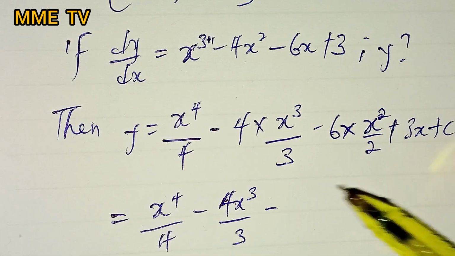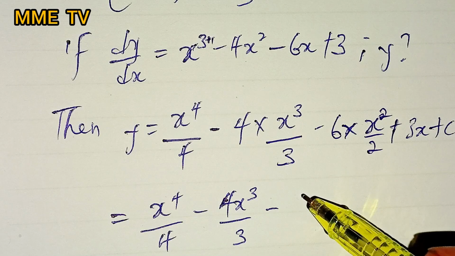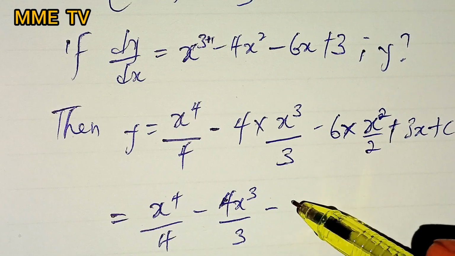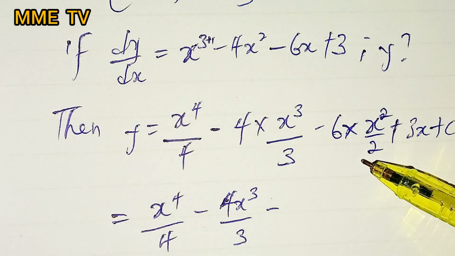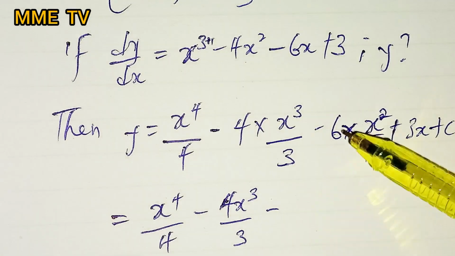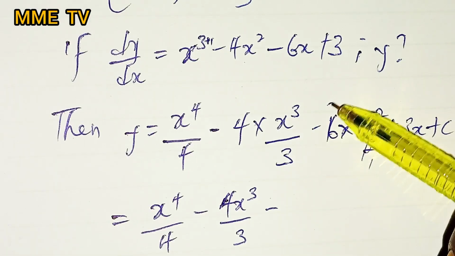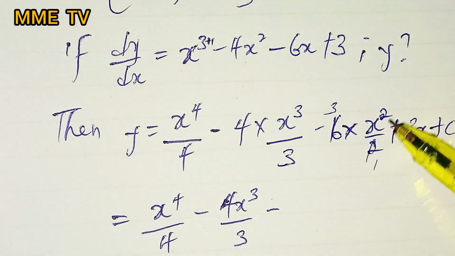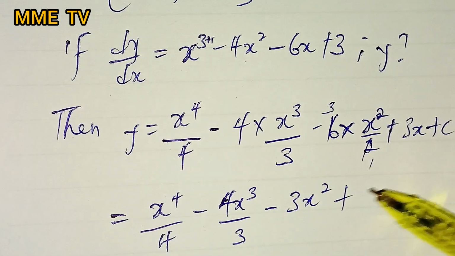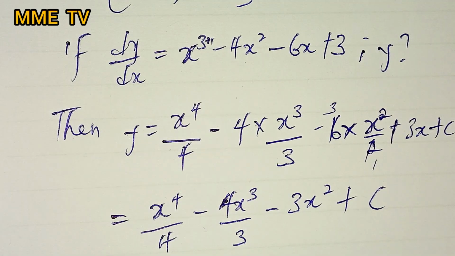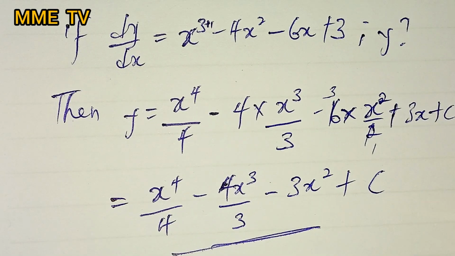Then again, minus 6 times x raised to power of 2 over 2, because 2 can divide itself to give us 1, and 2 can divide 6 to give us 3. 3 times x raised to power of 2 will give us 3x raised to power of 2 plus our constant c.